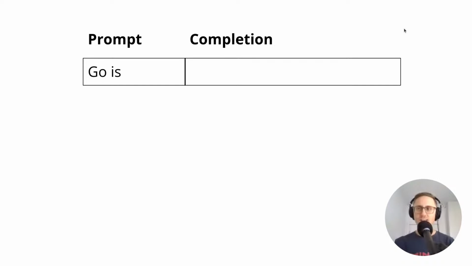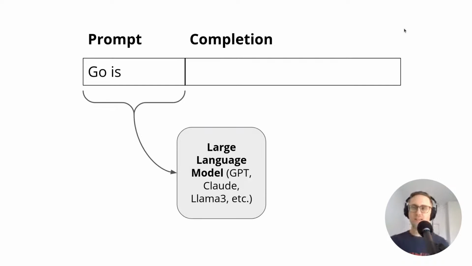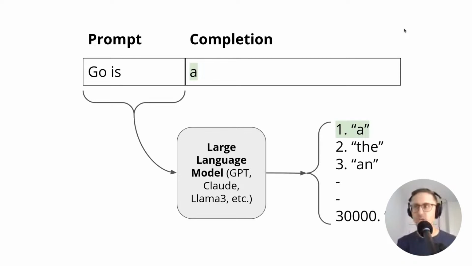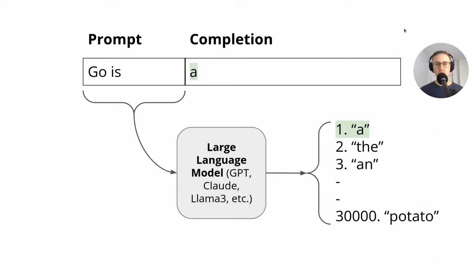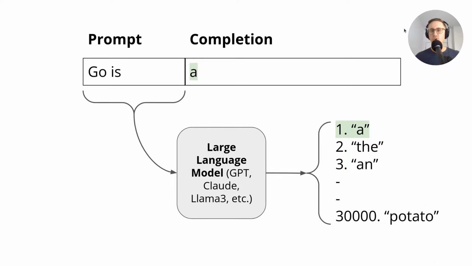So if we dig in a little bit here, this prompt is going into the large language model. Now, this might be a GPT model or Claude from Anthropic. In our case, it was Llama 3. And then what the model is doing is nothing more than, although it can be quite powerful when we apply it appropriately, predicting a next word or next token.